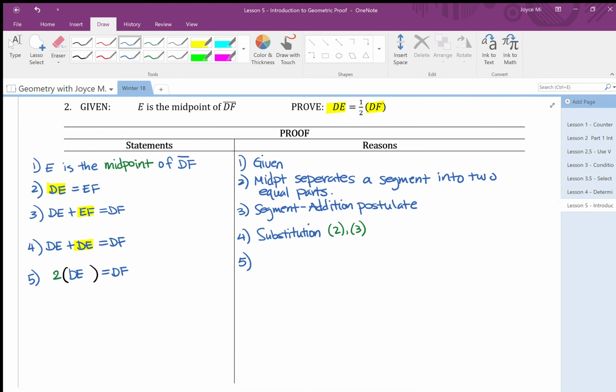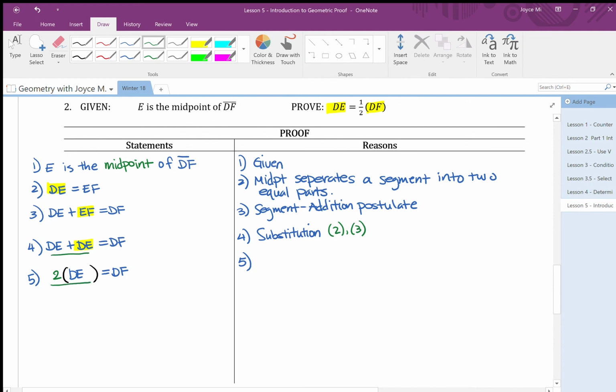I'm not adding DE to both sides of the equation here. One common mistake I see in these steps, a lot of kids say, oh, I'm adding a number, therefore addition property of equality. But remember, addition property of equality tells me I'm adding a number to both sides of my equation. But here, I'm not. I'm simply replacing an equivalent expression with what I have here. So this one is the same as this one.